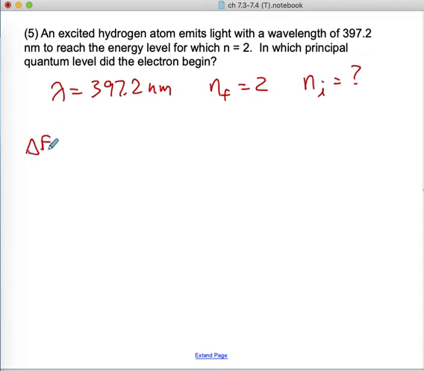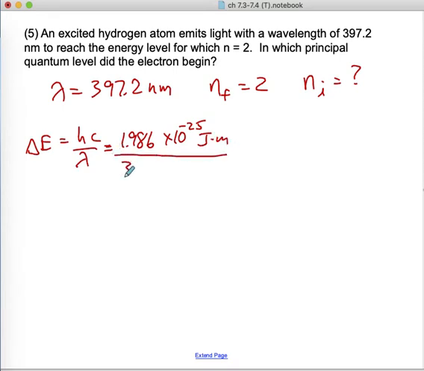I'll simply use delta E equals hc over lambda, which is 1.986 times 10 to the negative 25th joule meters over my wavelength of 397.2 times 10 to the negative 9th meters. I can simply replace nano with 10 to the negative 9th, and that gives me a value of negative 5.000 times 10 to the negative 19 joules.